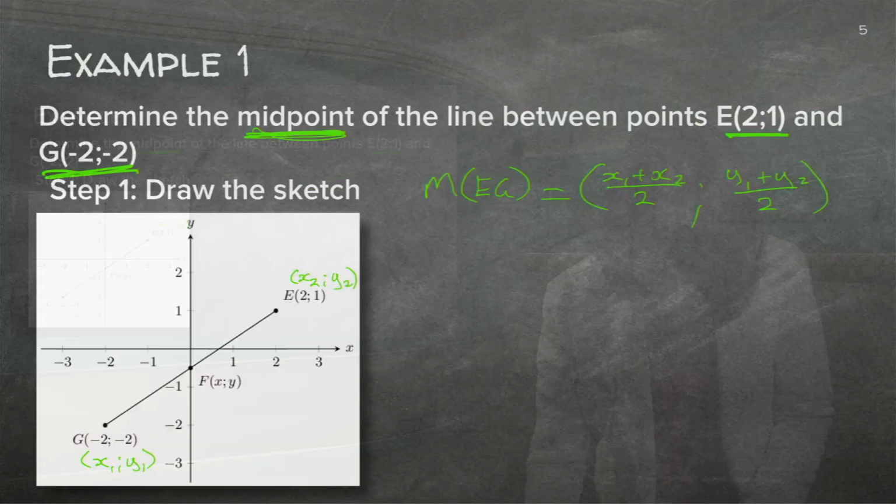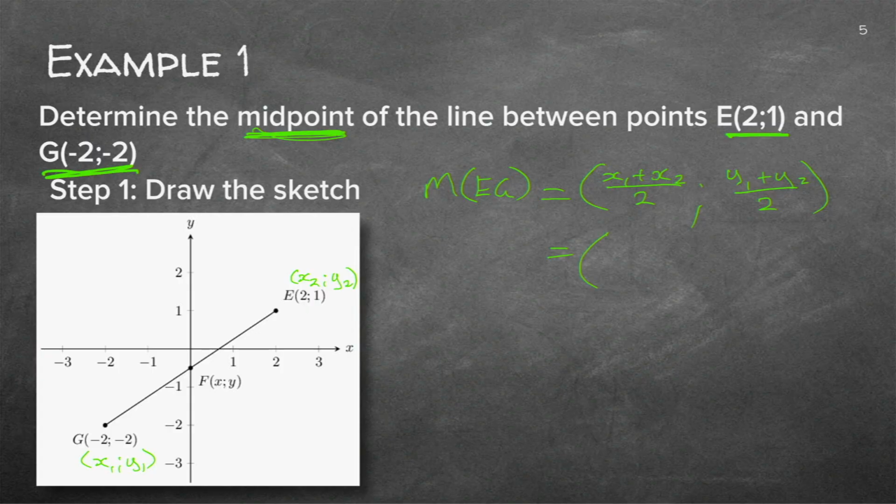So if I now start filling it in, remember what we do, empty bracket over 2, empty bracket over 2. You agree? Now I need to start filling it in. x1 was minus 2. x2 was 2. y1 was minus 2.